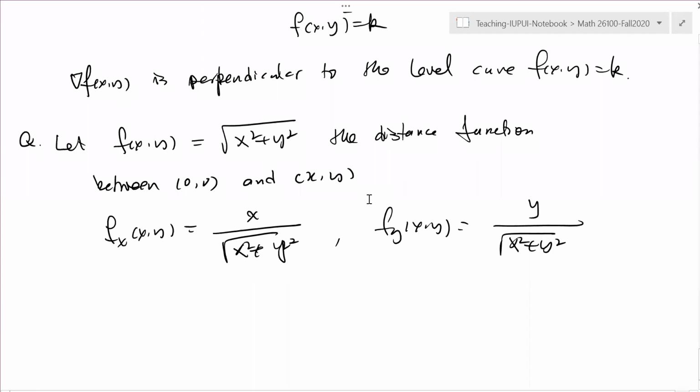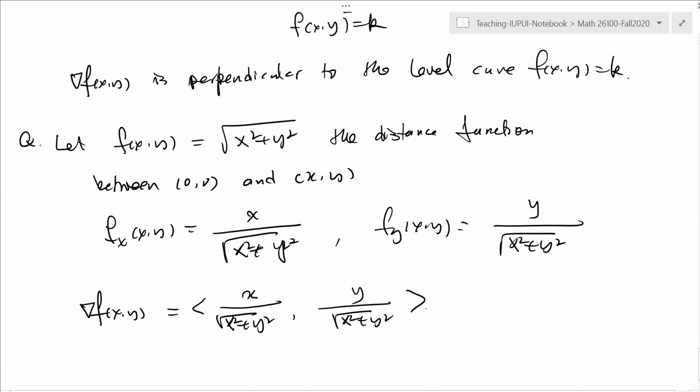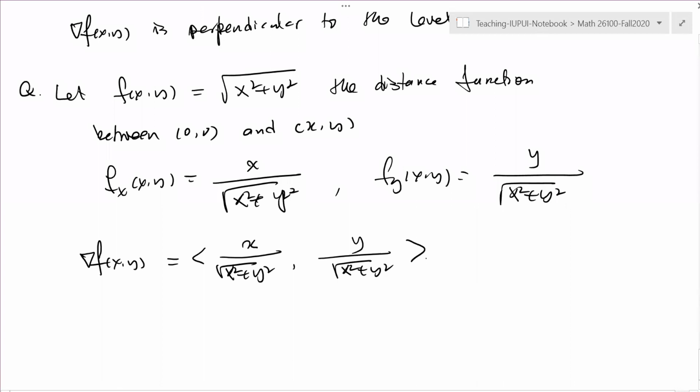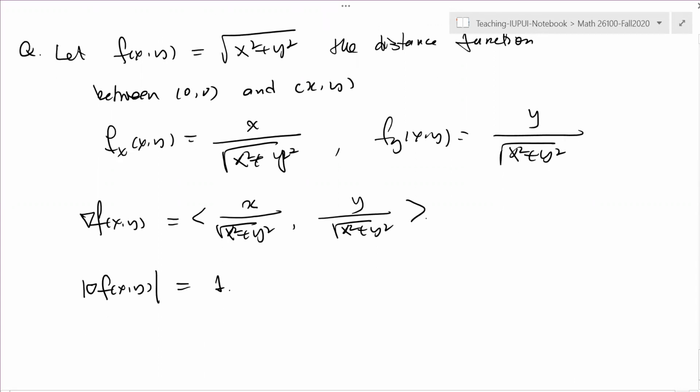So the gradient of the function is this, and you notice that the length of this vector is always equal to 1. It's a unit vector.